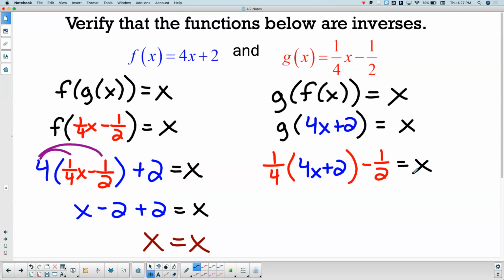One-fourth times 4 times x is x. 1/4 times 2 is half. 1/2 minus 1/2 plus x. X equals x. Yep.